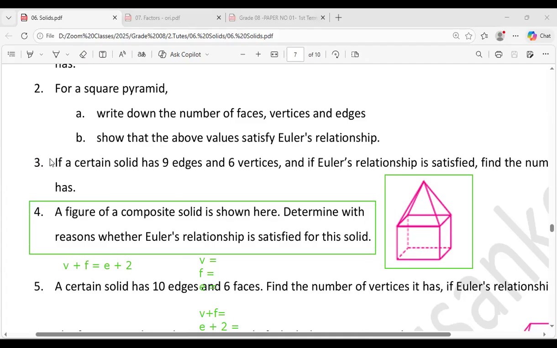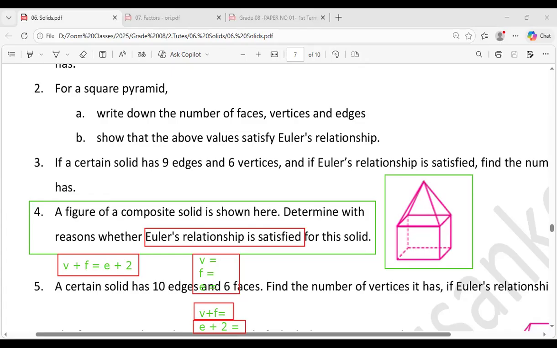Then find vertices, faces, and edges separately. Then find V plus F separately. Then find E plus 2 separately. Then explain whether your Euler's relationship is satisfied or not for this. And send me the answer to the chat, the answer for V plus F and the answer for E plus 2.